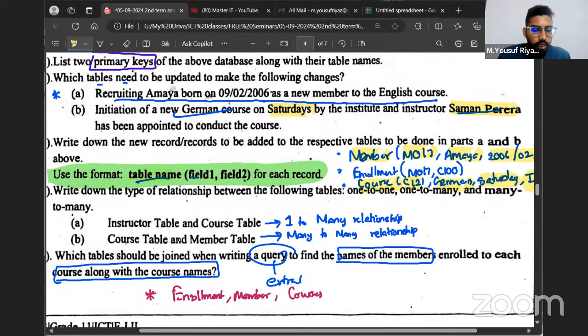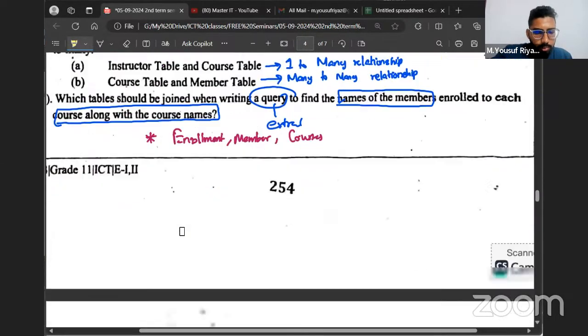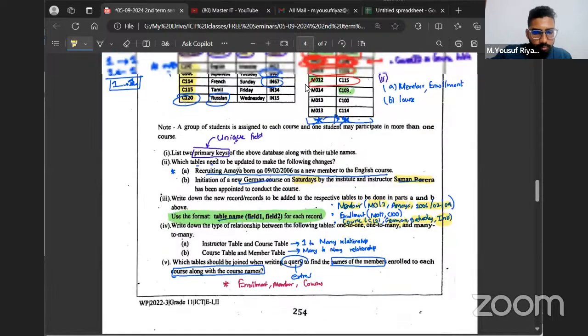Okay. They're asking the relationship between instructor table and course table. Let's go for the instructor table.